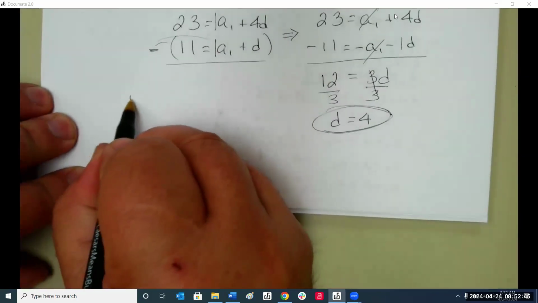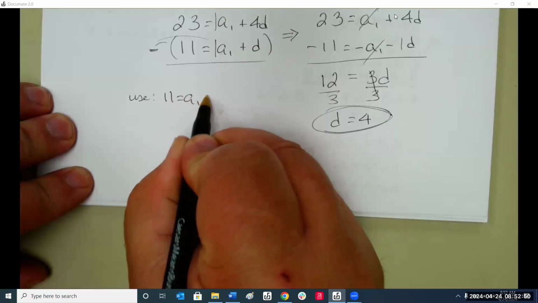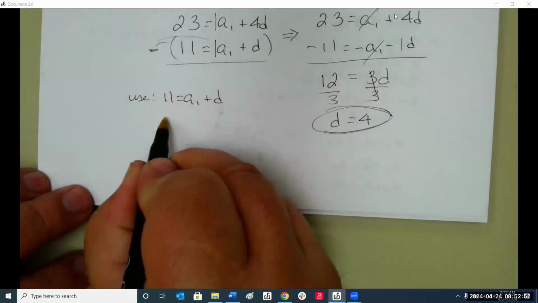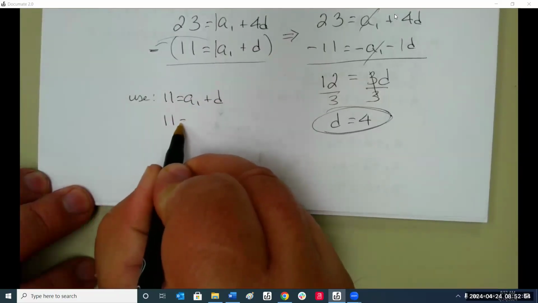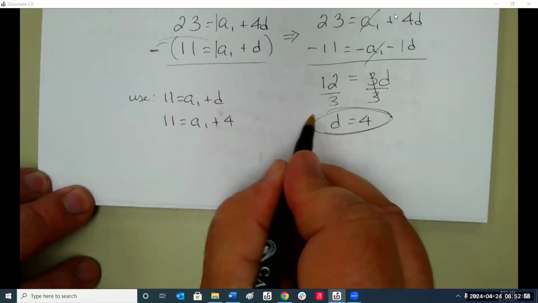So I use 11 equals a sub 1 plus d. 11 equals a sub 1 plus 4, since d is 4.